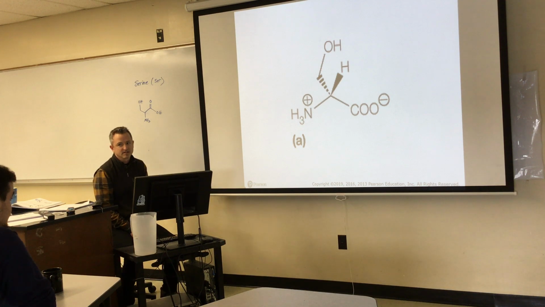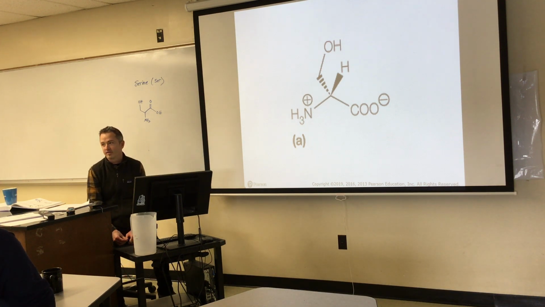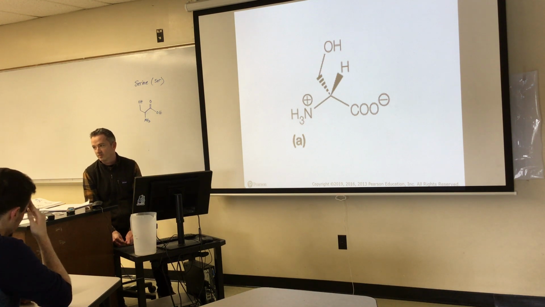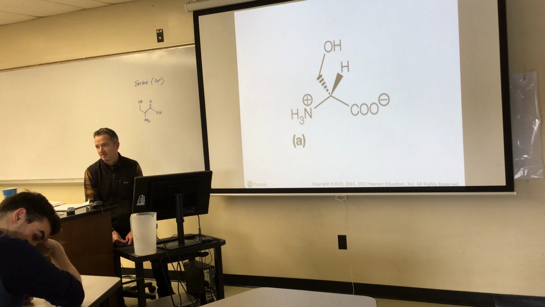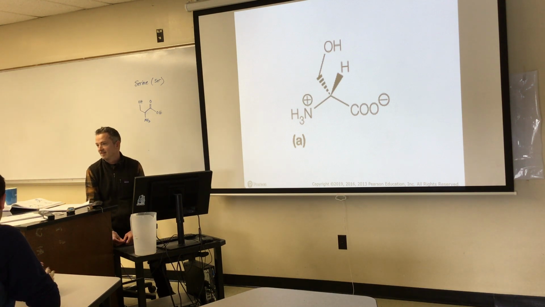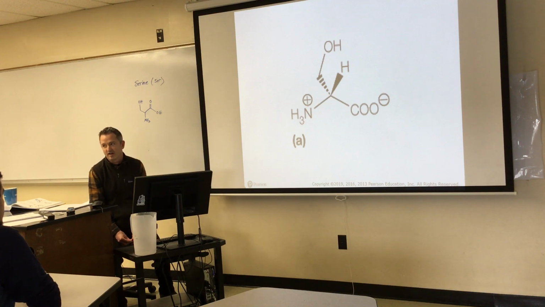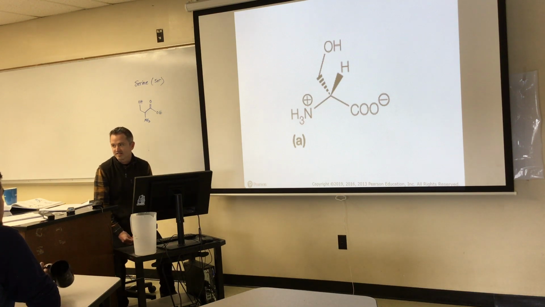let's think about this. What's the pKa of an alcohol for those of you who are in organic chemistry right now? Organic chemistry 2, typical pKa of an alcohol. 15 to what? 16 to 18, okay? Is there an alcohol in this one? Yes. It is, okay. What's the pKa of a carboxylic acid?